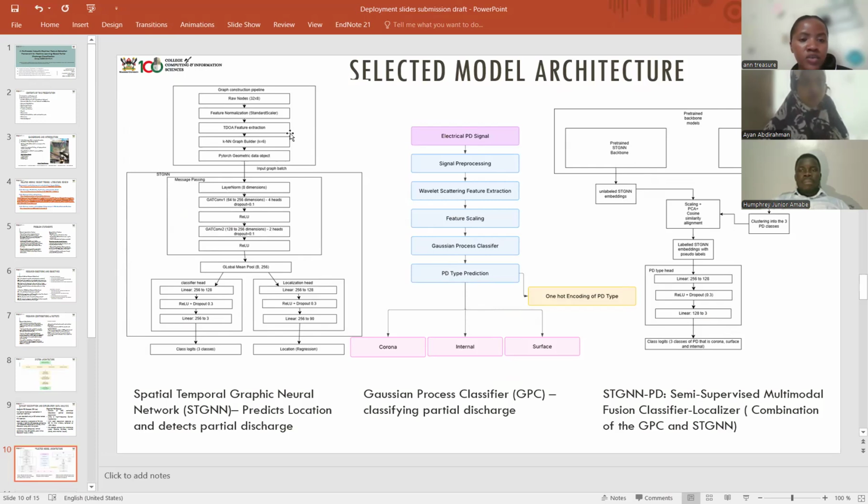They were KNN graphs, which means that a particular node was connected to its 6 nearest neighbors. We took the 32 microphones as the different nodes in the graphs. Here we use the communication between microphones in order to detect whether it's partial discharge or not partial discharge, and also to detect the location.